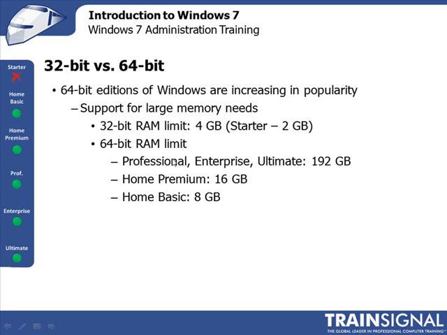So for those that need a lot of RAM, Windows 7 64-bit is where it's at. There are different limits depending on the different editions of Windows, but suffice it to say that Windows 7 is going to continue to help push organizations onto the 64-bit bus. GlobalMantic does have some need for 64-bit Windows for large amounts of RAM.